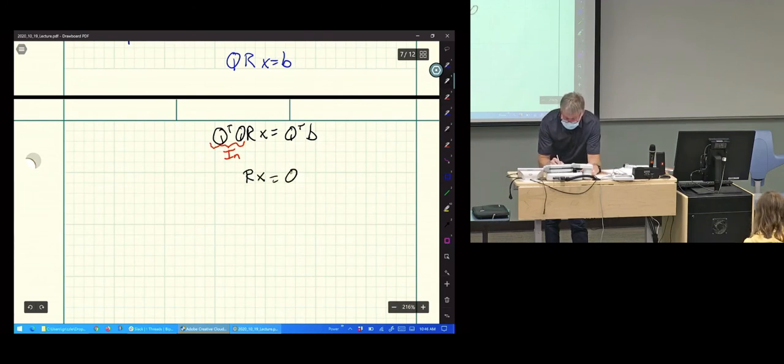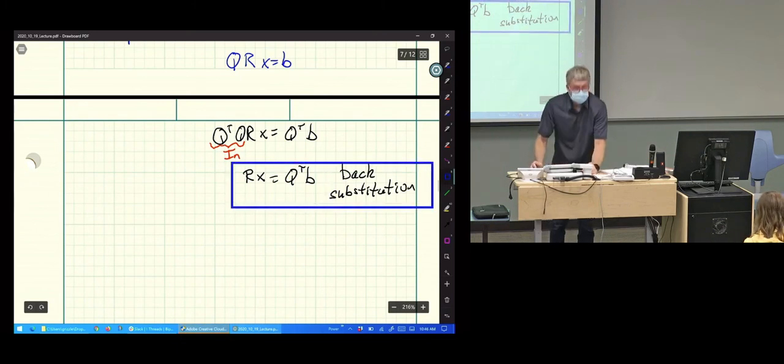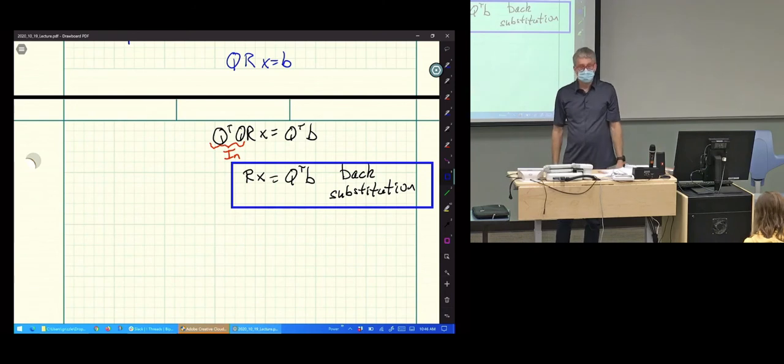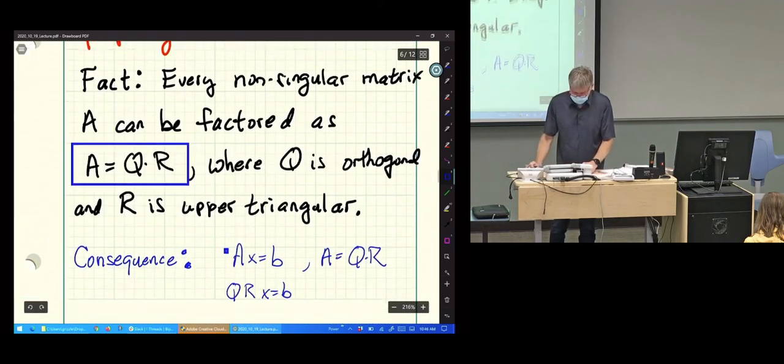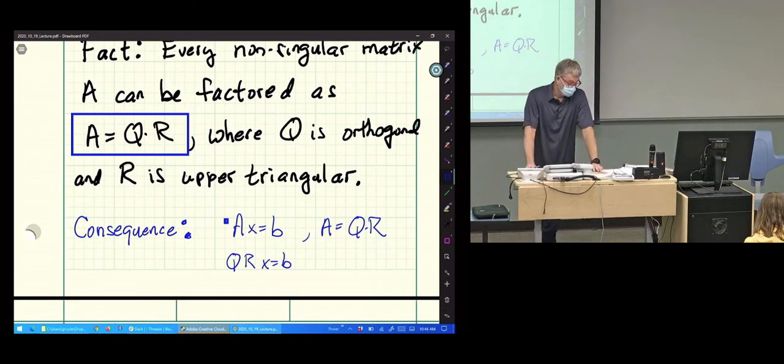I get Rx equals Q transpose times B, and then I use back substitution, and I'm done. So if these orthogonal matrices can really be found, life is super sweet, and they are, and computing them and finding them is about the same level of difficulty as LU, but if it's anything else, it's easier than LU.